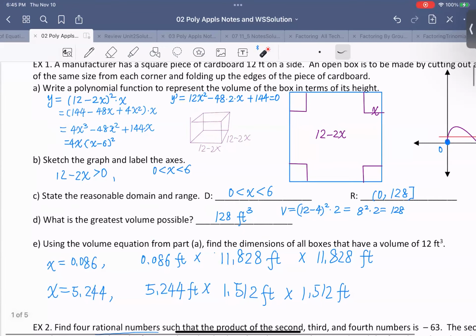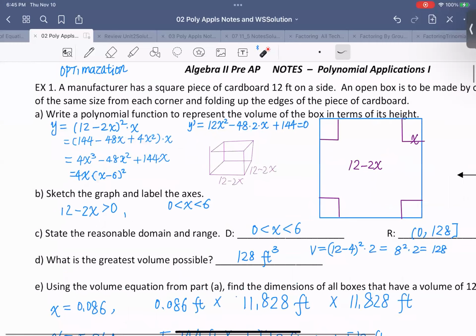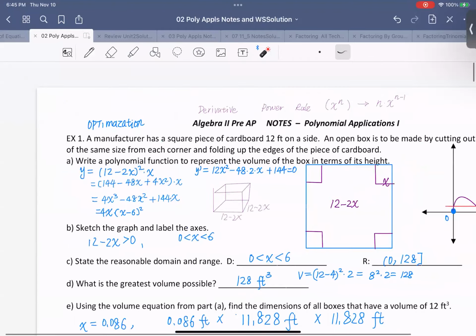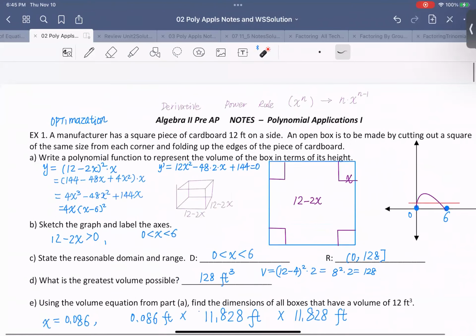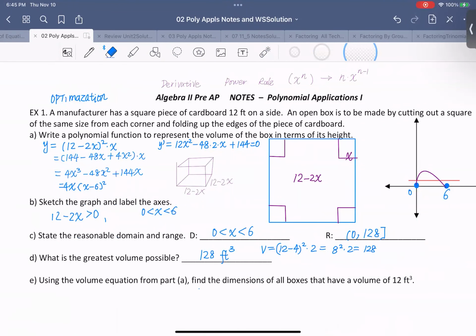Next one. Let's figure out the volume equation. Find the dimensions of the box that has a volume of 12. So you want to make y equal to 12, and you want to find out the x value. Everybody go ahead. Use your graphing calculator, either TI Inspire or Desmos.